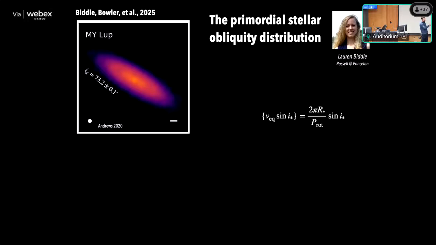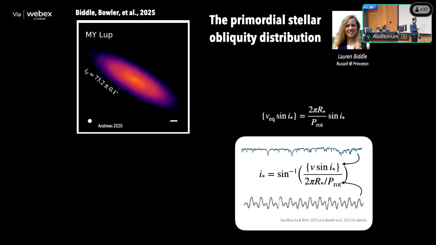We can measure a v sin i, a projection of the equatorial rotational velocity. You just get a high-resolution spectrum. If you have an estimate of the stellar radius, and if you can infer a rotation period from, say, a light curve like TESS, then you can back out the inclination.